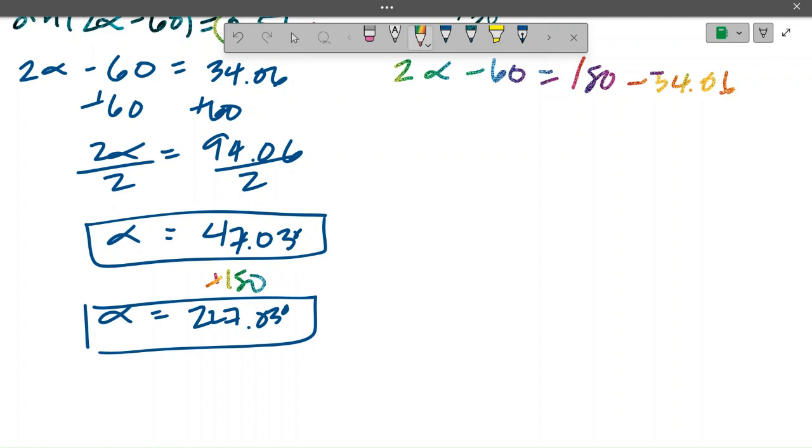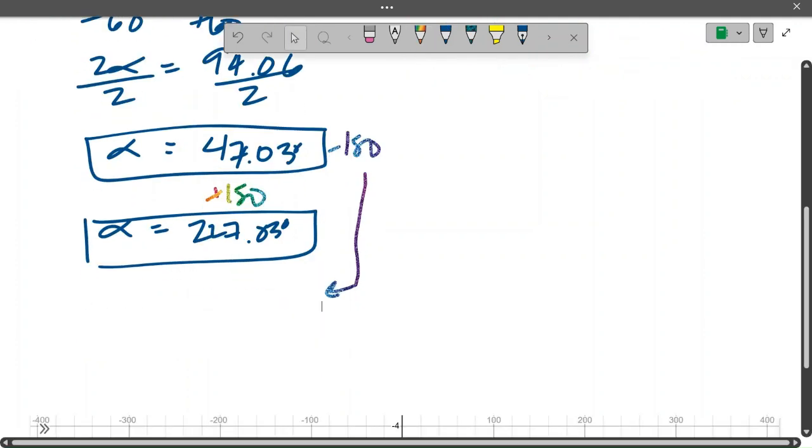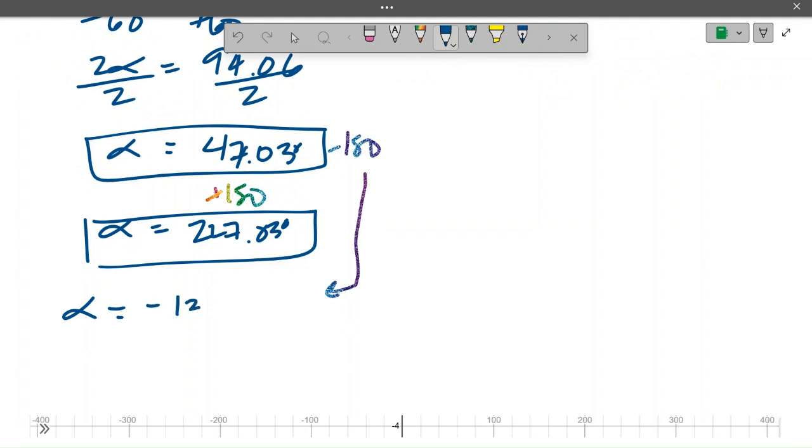But what I am going to do is come back up to our original value and deduct 180 because I'm going all the way to negative 360 degrees. And when I do that, I end up with a value within our domain, which is negative 132.97 degrees. That's within domain.